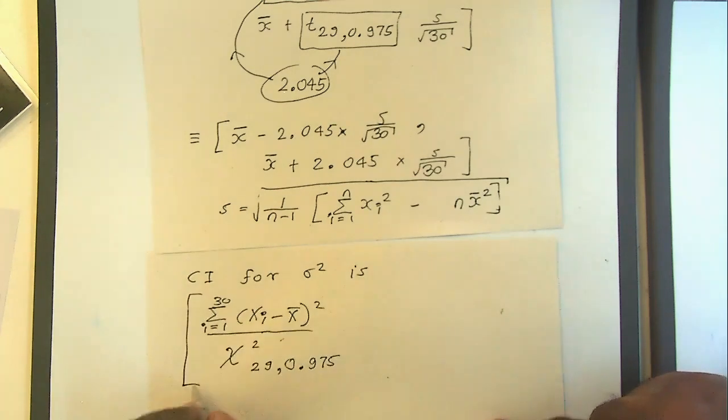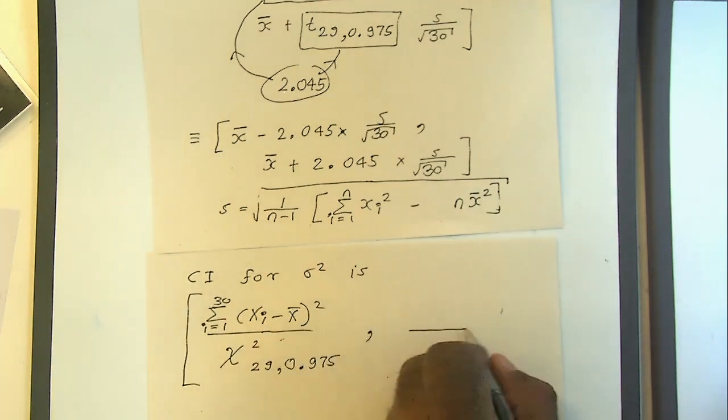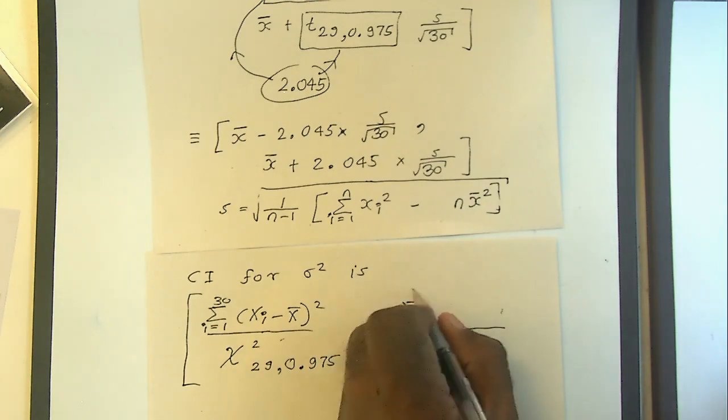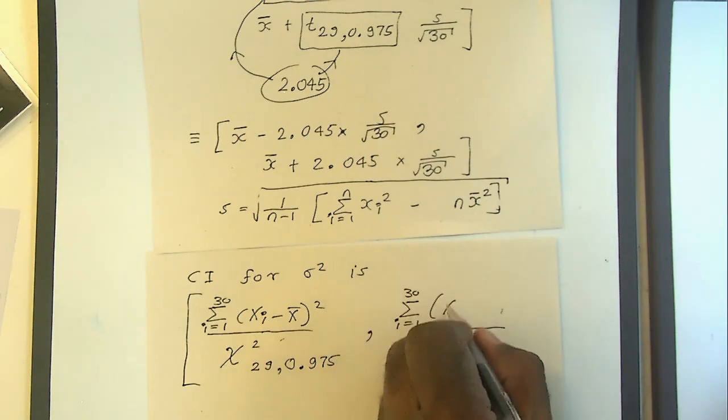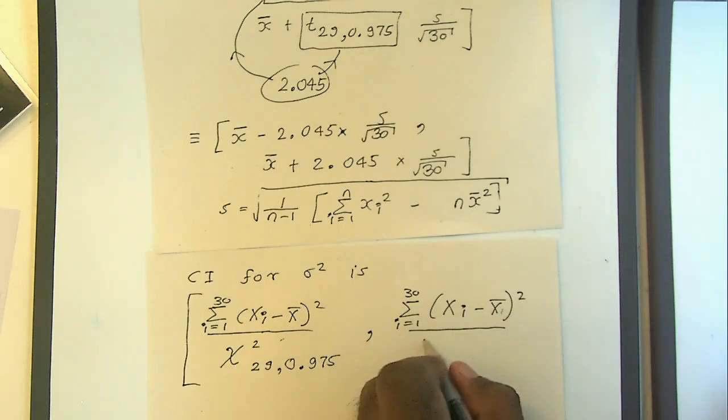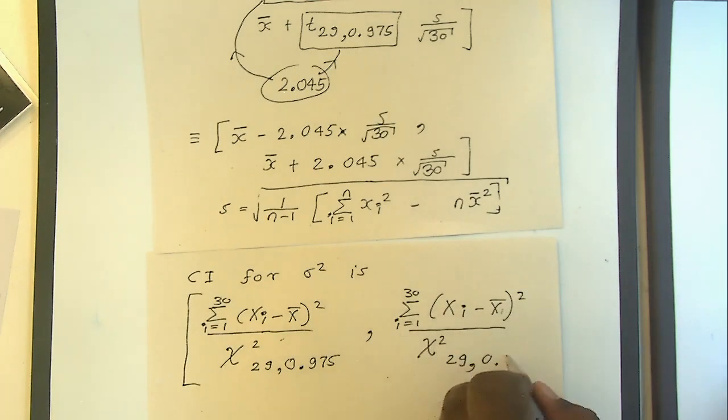So this is the lower limit. The upper limit is going to be chi squared 29, 0.025.